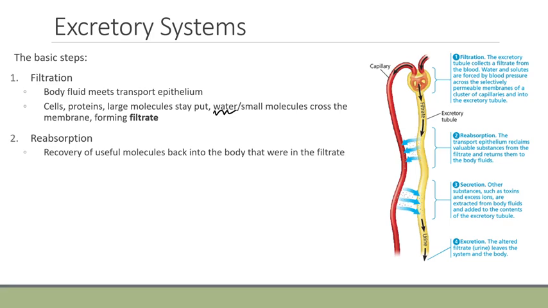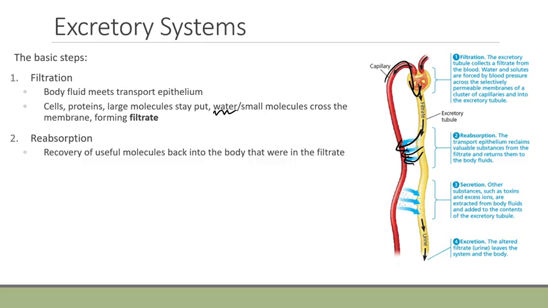We basically over-filter our fluids, do more filtering, and then reabsorb a lot of those filtered things right back into the body. Not only is it going to be water, but it's going to be a lot of other really beneficial solutes, things like salts, other nutrients, vitamins, stuff that initially got filtered, go right back into the blood so it can go right back and do something useful for us somewhere else.